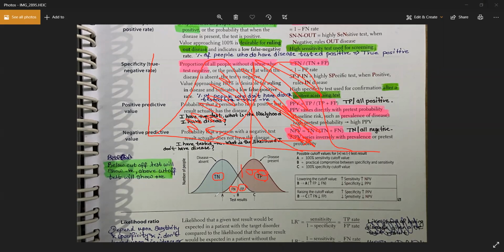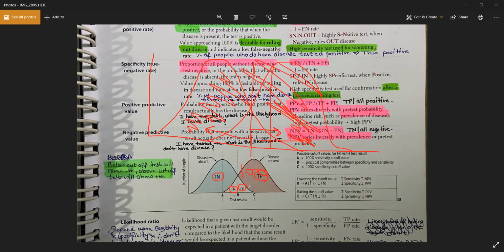Now, what's gonna happen if you increase the cutoff value of a certain drug or of a certain test? Let's say not 100, but I want to set a cutoff value of 120. That means all the individuals who have a troponin level greater than 120 will be tested positive, and all the individuals less than 120 will be tested negative. Now, what's gonna happen?